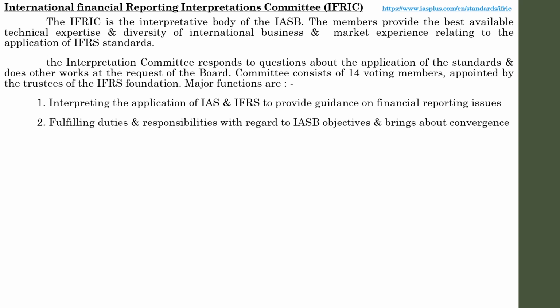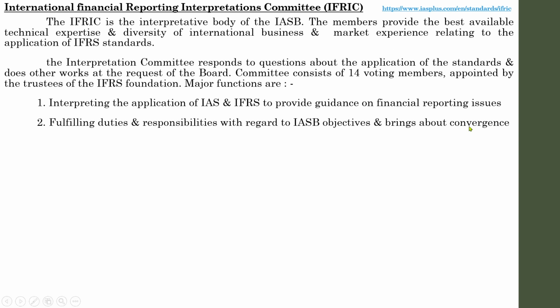Next one, fulfilling duties and responsibilities with regard to IASB objectives and bringing about convergence. That means IFRIC carries out all those duties with regard to IASB's objective of working actively with national standard setters to bring about convergence of national accounting standards.